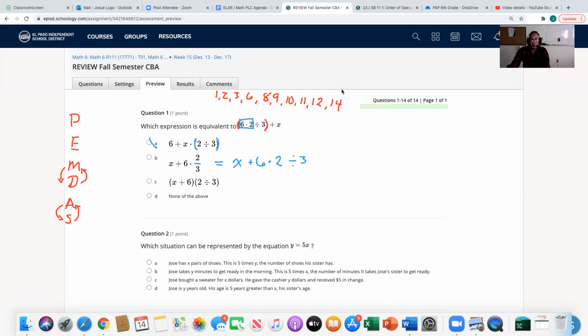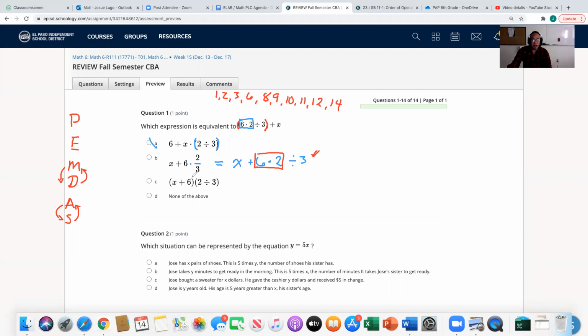And when I write it in this form, ladies and gentlemen, notice that I have addition, multiplication, and division. Again, division and multiplication always come before addition, and multiplication comes here before I go to the division. Notice that I am multiplying the 6 times 2 first. Good. After which I would have to divide by 3. So I'm going to put that as a maybe. That seems to be the right answer, but let me check my other one first.